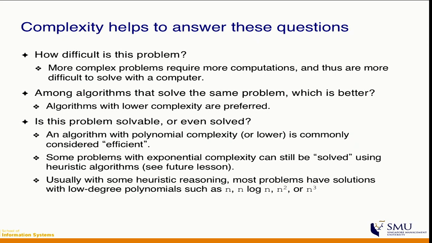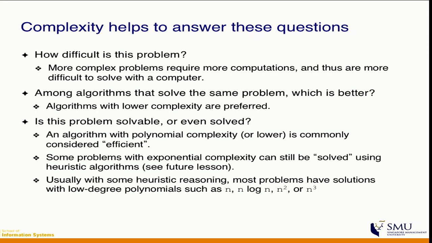Now, why are you interested in complexity? So once you have the complexity of an algorithm, what can you do with it? So it turns out there are some useful things that you can do with this information. So one of the pieces of information that you get is the difficulty of a problem. So if you want to know, can I actually solve a problem? How difficult is this problem? So one way to do it is to look at algorithms that solve the problem and see what the complexity is.